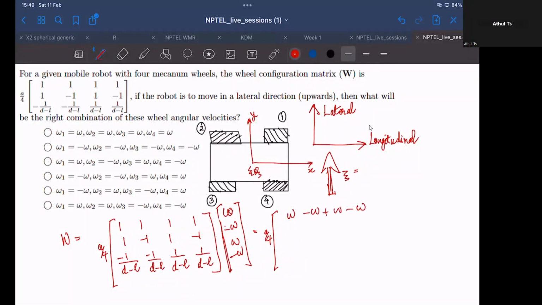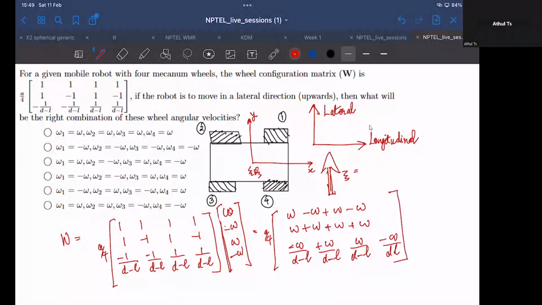And what about the second row? It would be omega, plus omega, plus omega, plus omega. And the final row would be minus omega by (d minus L), plus omega by (d minus L), omega by (d minus L), minus omega by (d minus L).